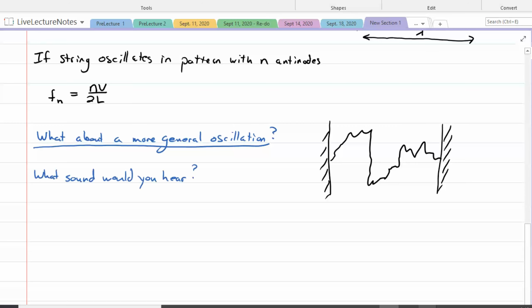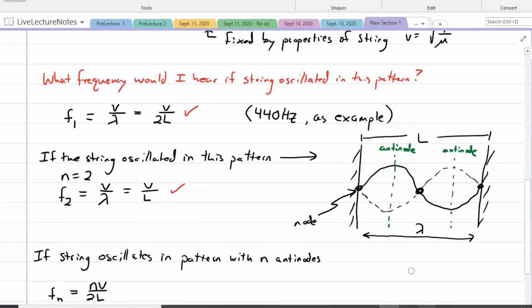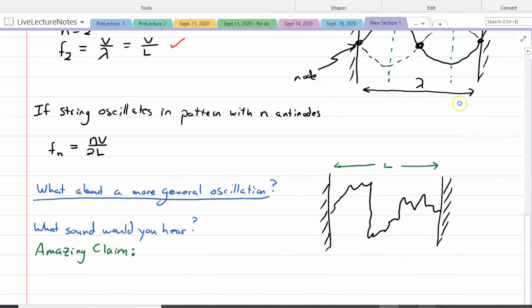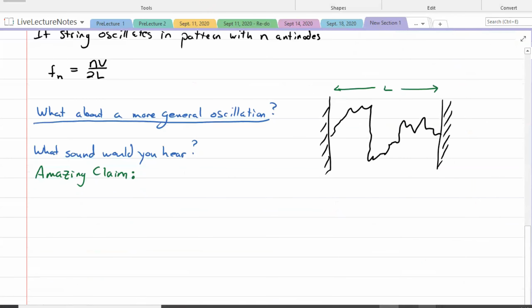The amazing claim is that this most general oscillation here, where this distance is L, is a combination of these, right? Of the n equals 1 and the n equals 2. So it's just some combination of those other sounds.